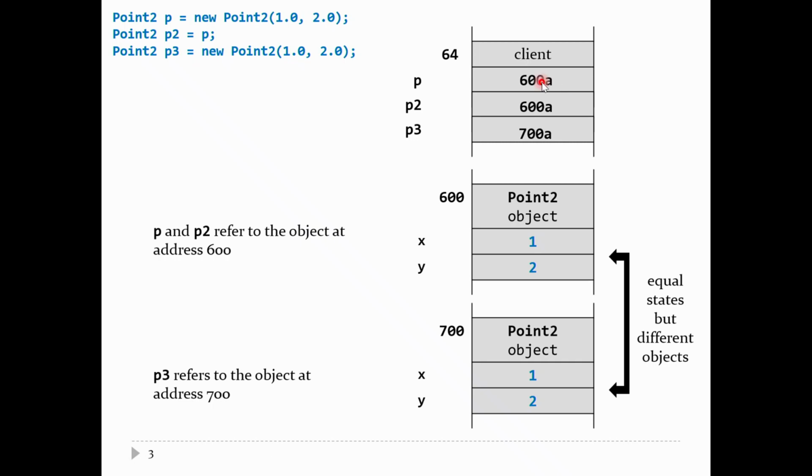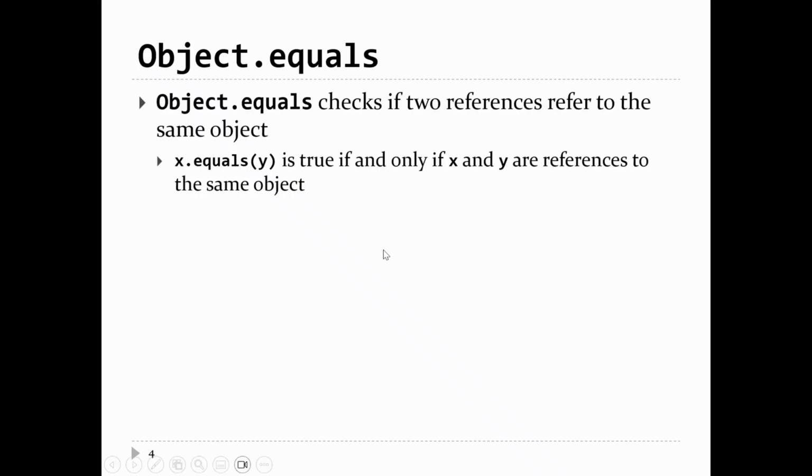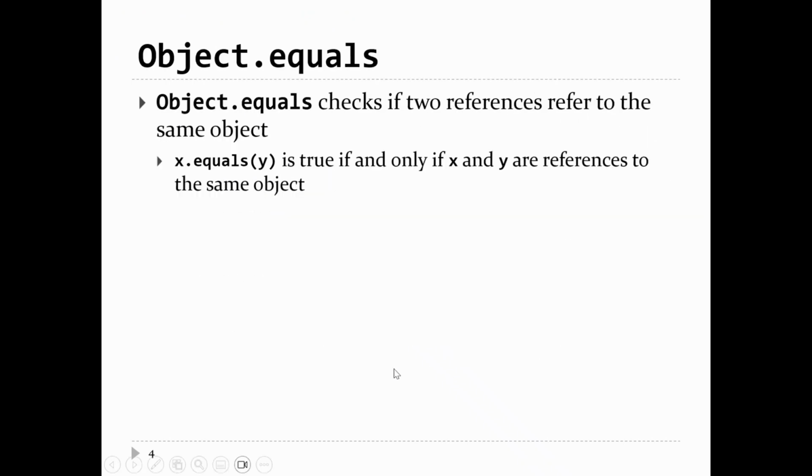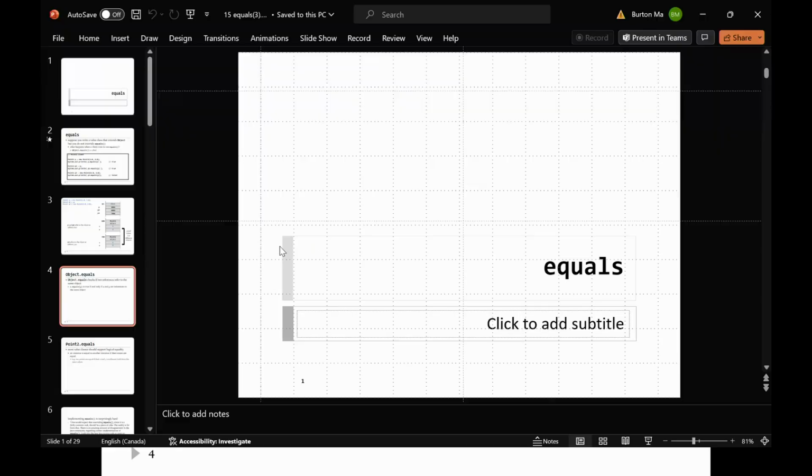The answer is yes. Is P2 equal to P? The answer is yes. Is P3 equal to P? The answer is no, 700 is different than 600. So equals is literally looking at the value that's stored in memory beside the variable, and that's the exact same thing that equals equals does. So that's exactly the same.